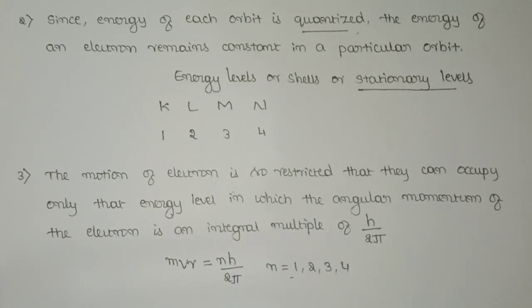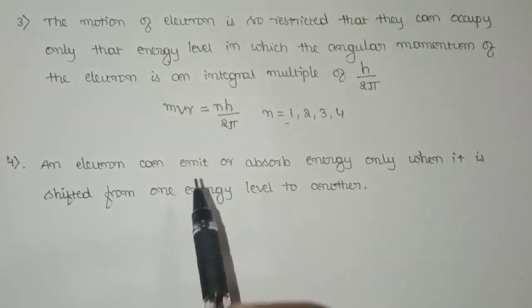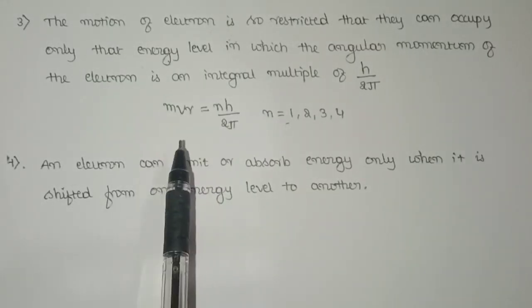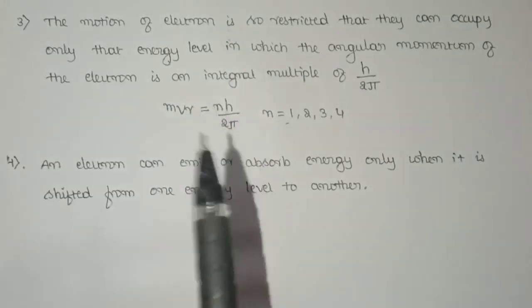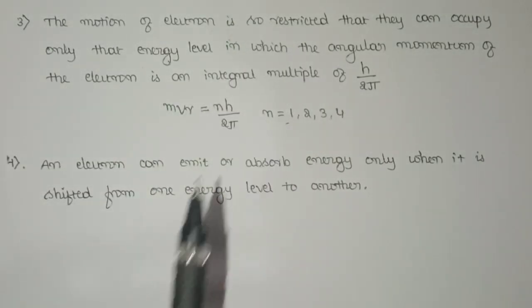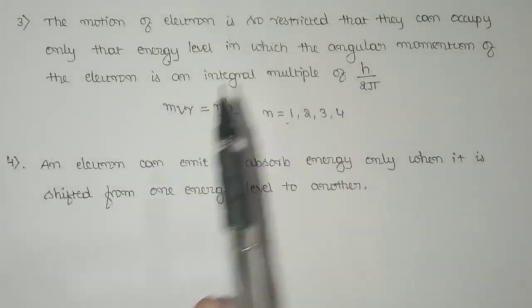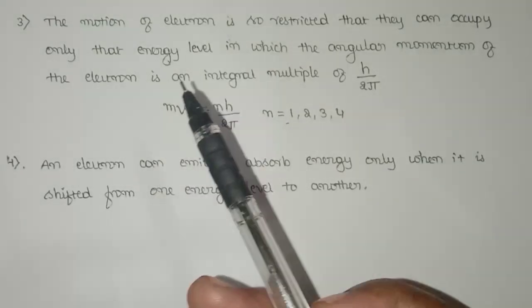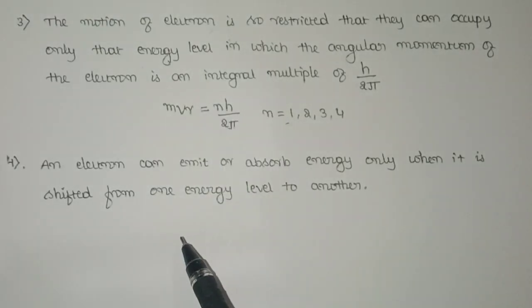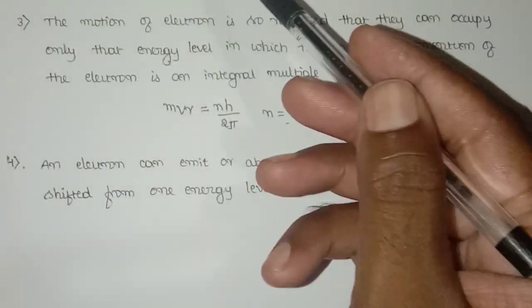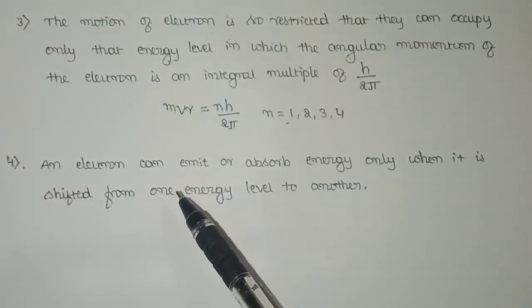The next postulate is the fourth postulate: the electron is liable to absorb or emit radiation, and this can happen only when the electron jumps from one energy level to another. This may happen from a lower energy level to a higher energy level, or from a higher to a lower energy level.